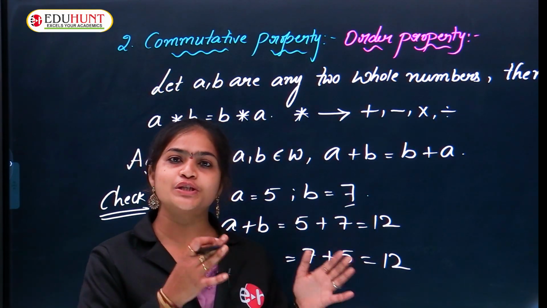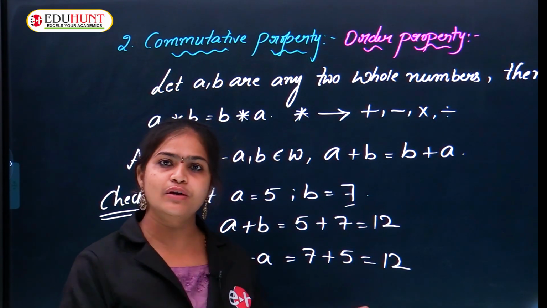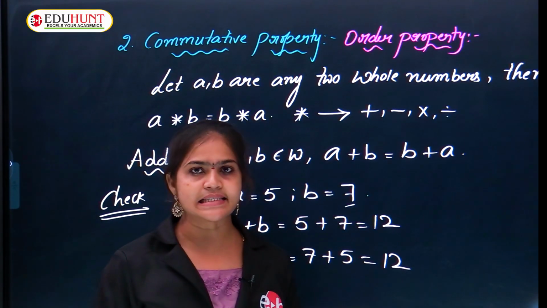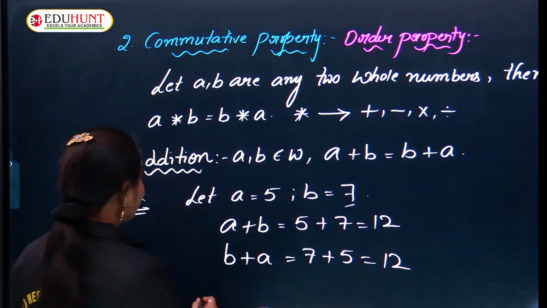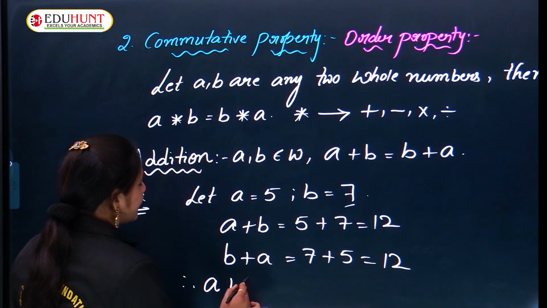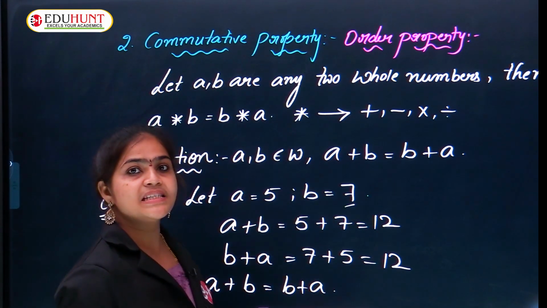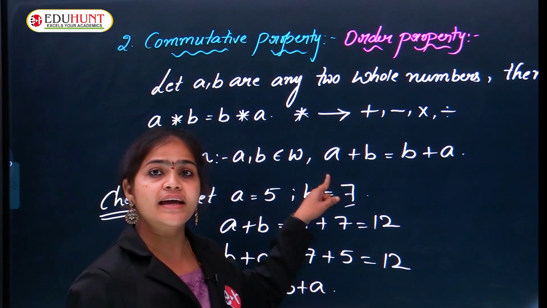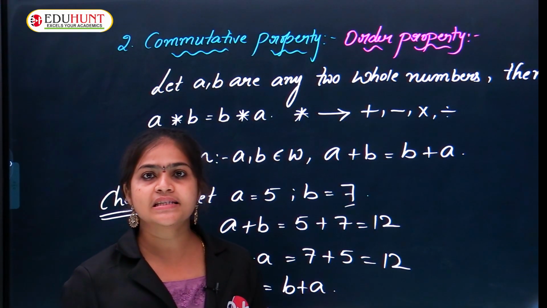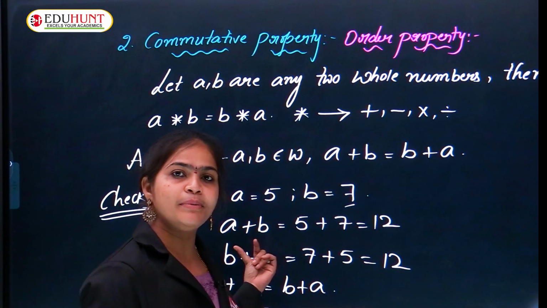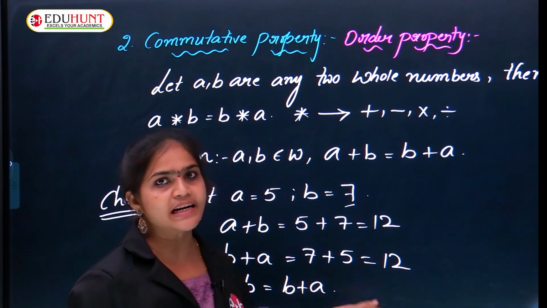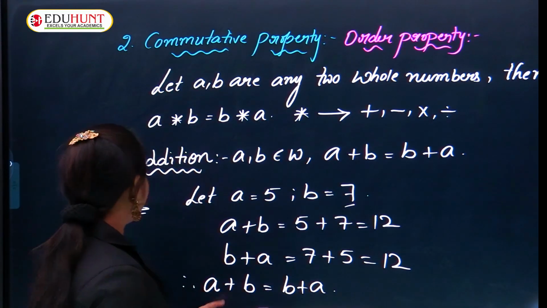Which means if you change the order of the numbers, you will get the same result in all cases. That's why finally we can say A plus B is equal to B plus A. Then whole numbers are commutative under addition. Why? Because this condition is satisfying, no? Understood? Next one is subtraction.